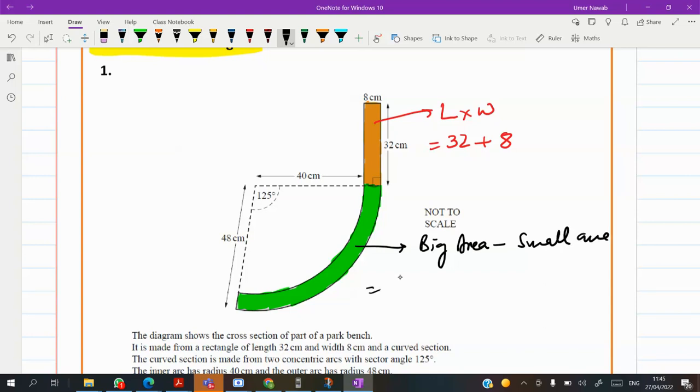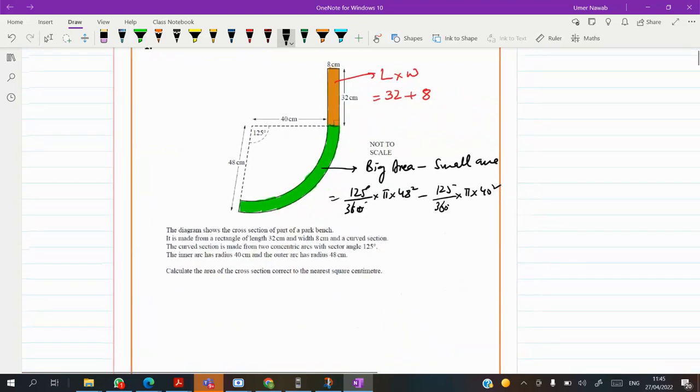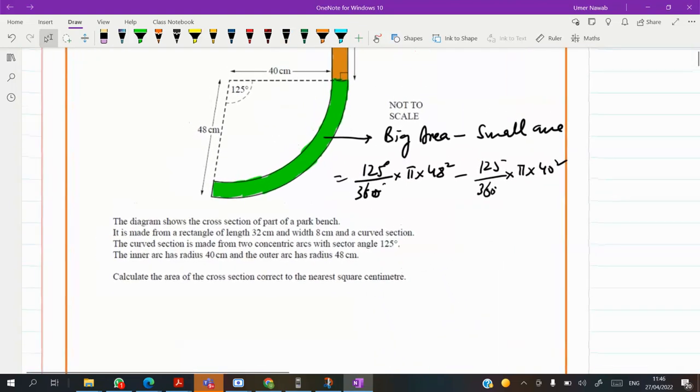The big sector is 125 over 360 times pi times 48 squared. And the small one has the same central angle: 125 divided by 360 times pi times 40 squared. So an outline has been drawn for this question.